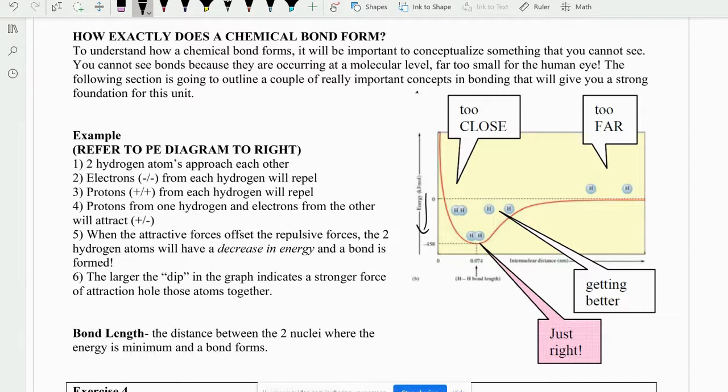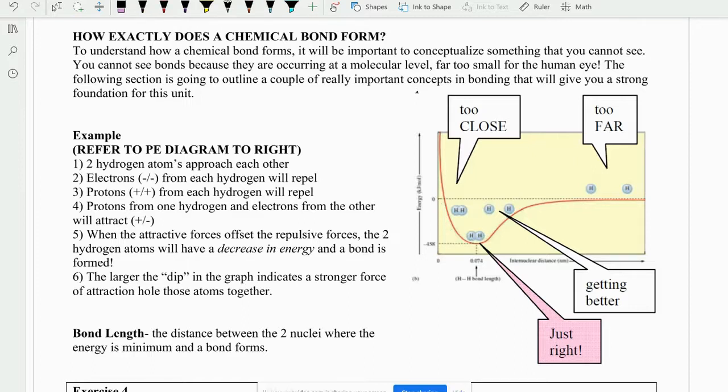Another way to think about this is, as two atoms approach one another, the energy is going to decrease and become more negative as their electron clouds begin to overlap with each other, which, don't forget, means that the molecule is becoming more stable. It is favored. And so you get this dip that you see in the graph of potential energy.